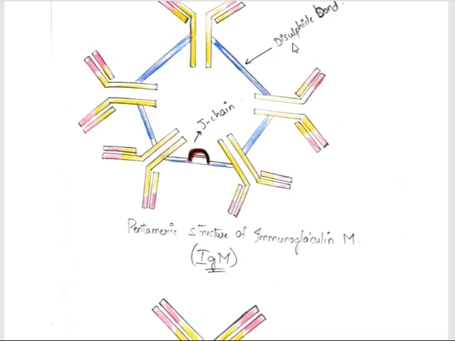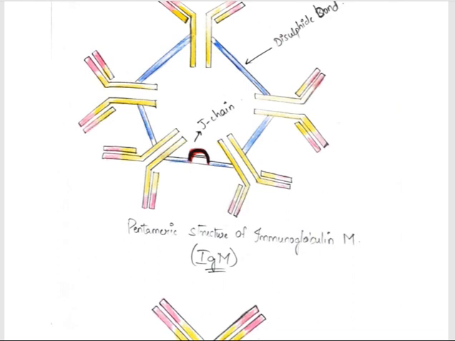In the same manner, the antibodies, the 5 immunoglobulins, are put together as a pentamer. So obviously it has a capacity of holding multivalent antigens, and that's how it enhances phagocytosis by macrophages. So it is also involved in opsonization, then complement fixation, then agglutination, and even cytolysis.